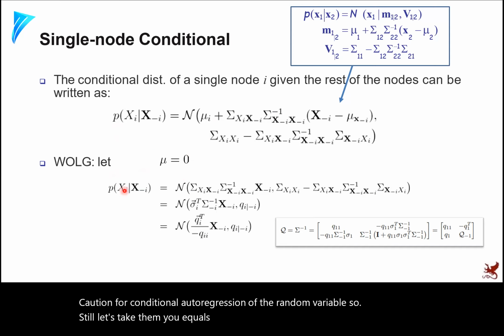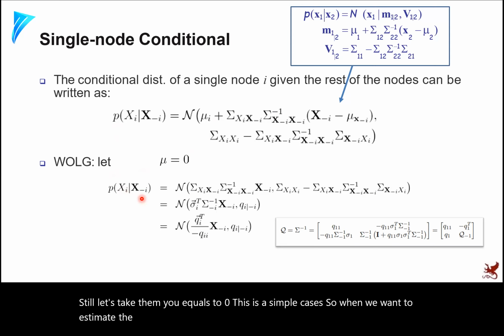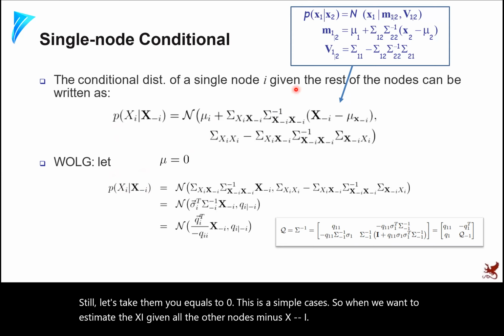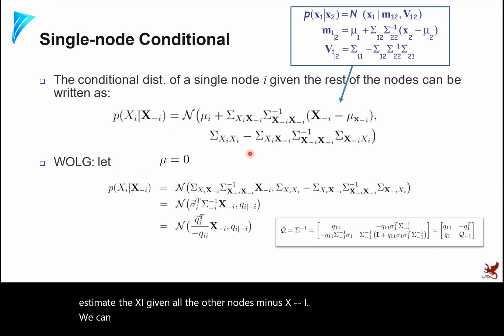So when we want to estimate xi given all the other nodes, x minus i, we can write this term, which is how each random variable xi is conditional on all the other nodes.